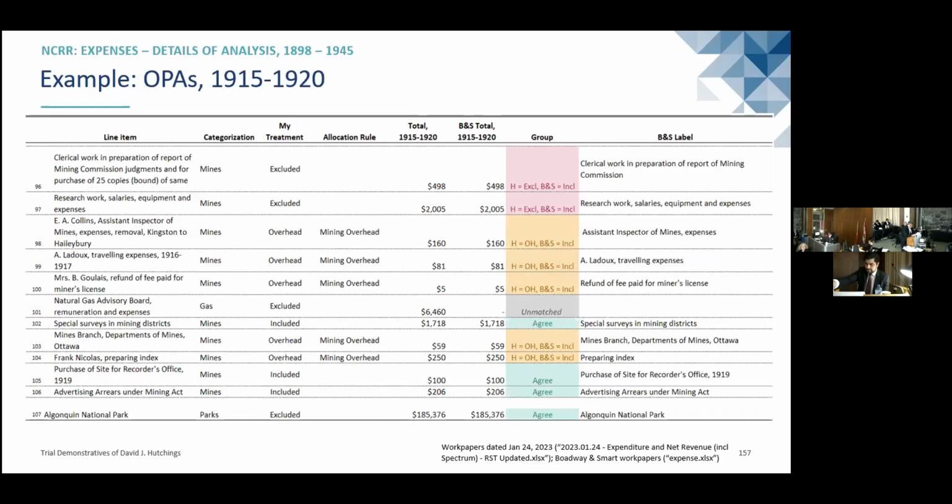Go over the page. So we're now on 157. Line item 96, this is clerical work and preparation of a report for the Mining Commission and purchase of 25 bound copies of same. Again, related to a commission judgment. These are very sensitive topics around here, bound copies of things.